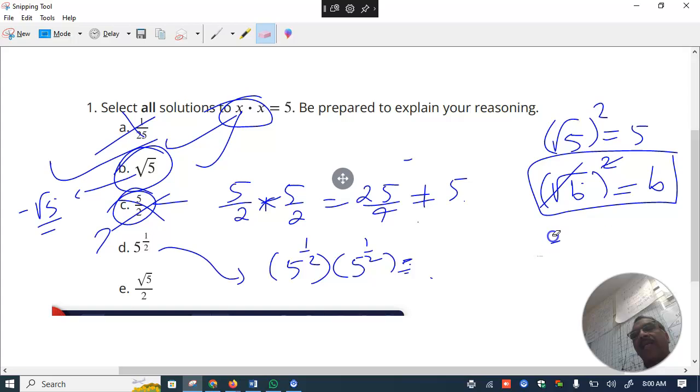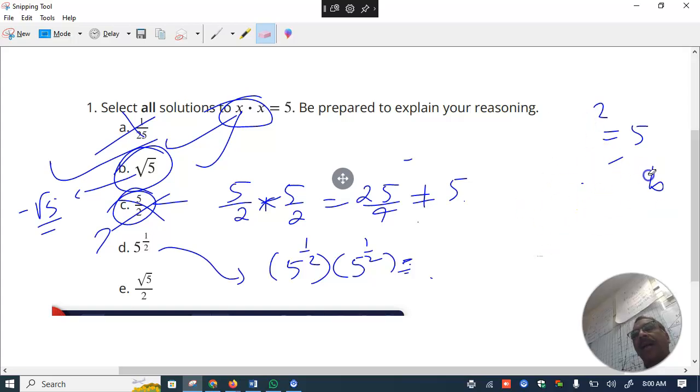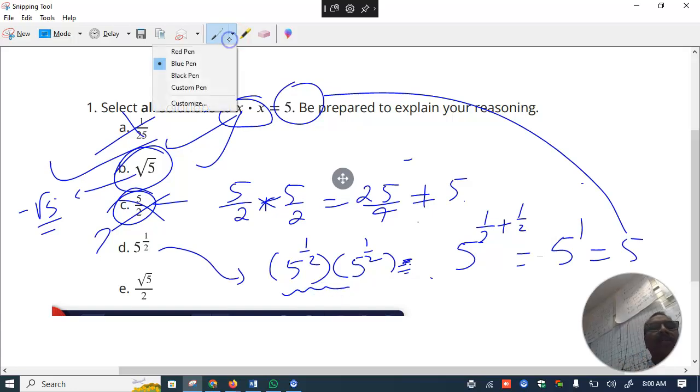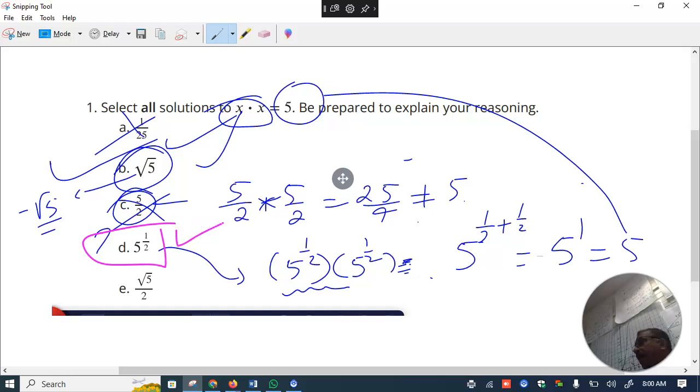The laws of exponents say you can write the base only once, the 5, and then add the exponents. And we know half plus half is 1, which gives 5. So you end up getting the same 5. So this is the solution. That means this is the correct solution. Agree?